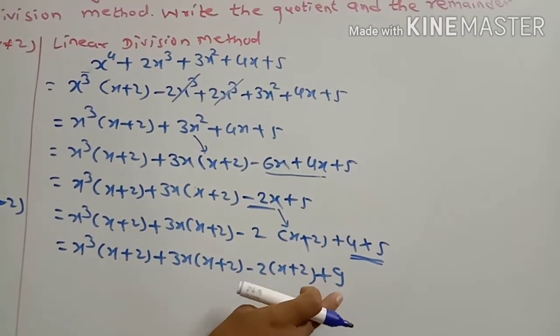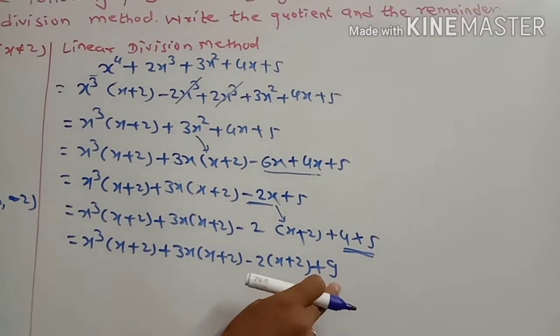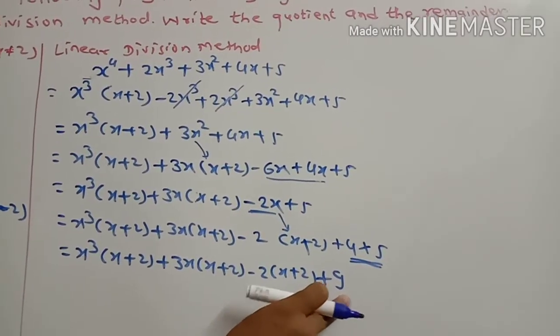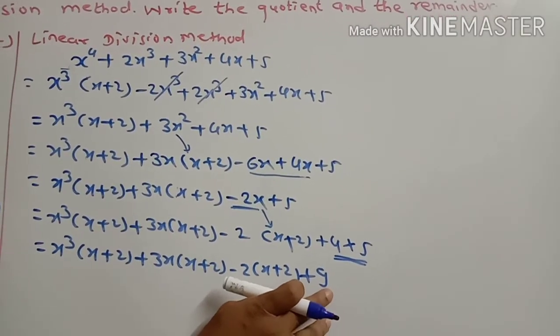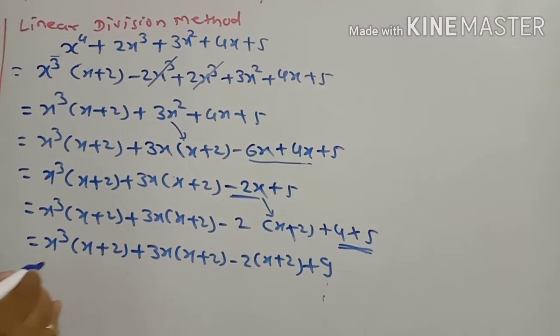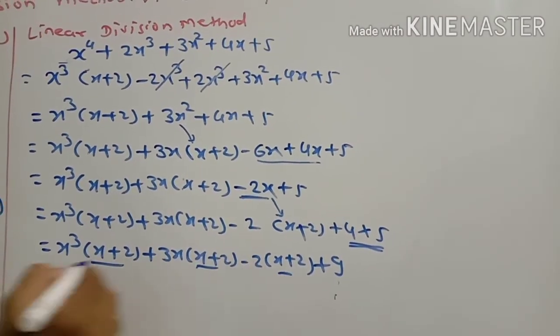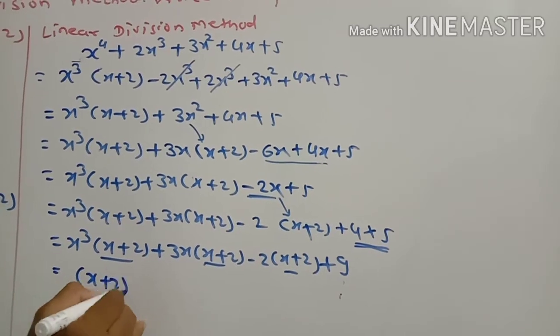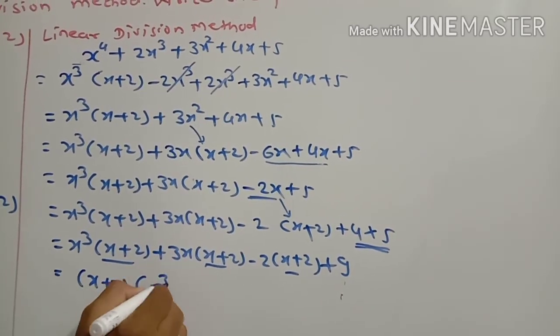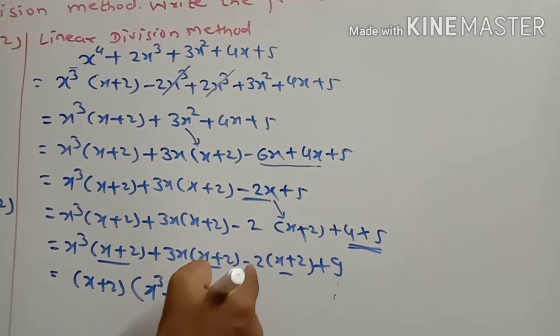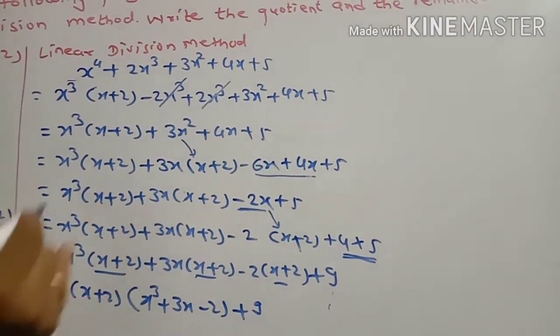Now there is no variable connected or added to this constant term, therefore 9 is the remainder. Now from all the remaining terms, x plus 2 gets common. In the bracket we get x cube plus 3x minus 2, and this is 9.